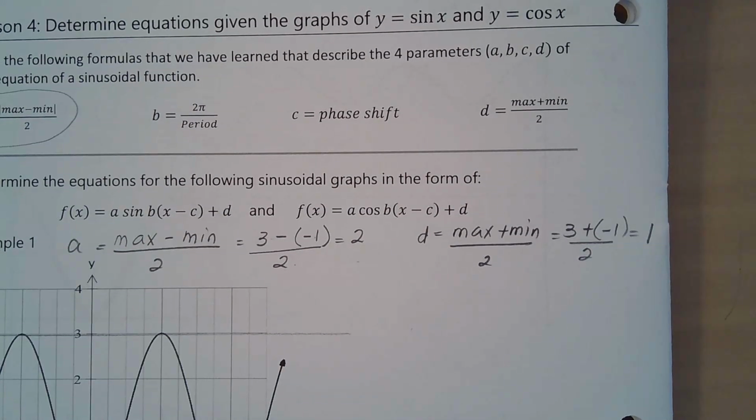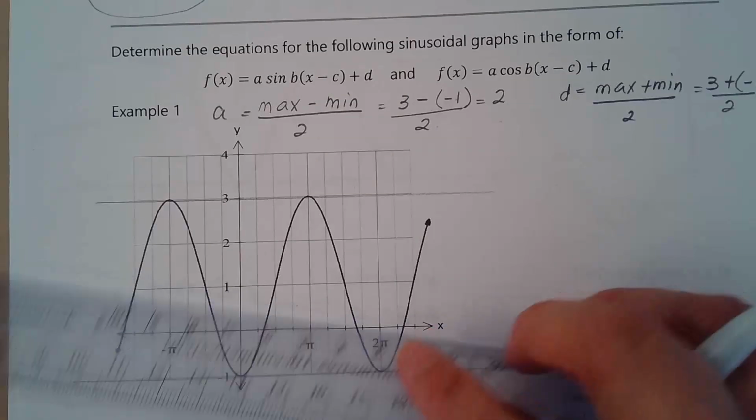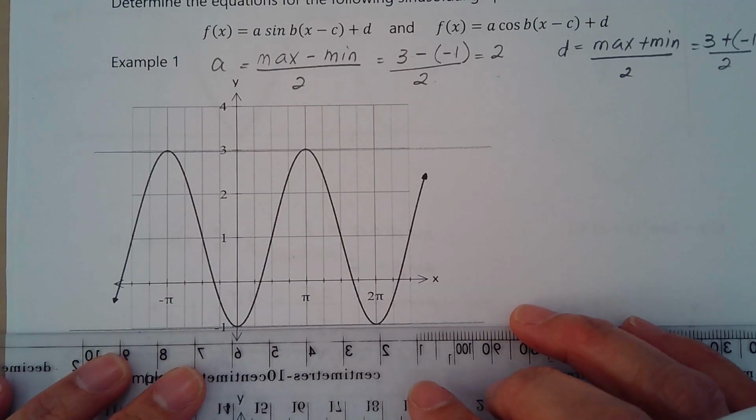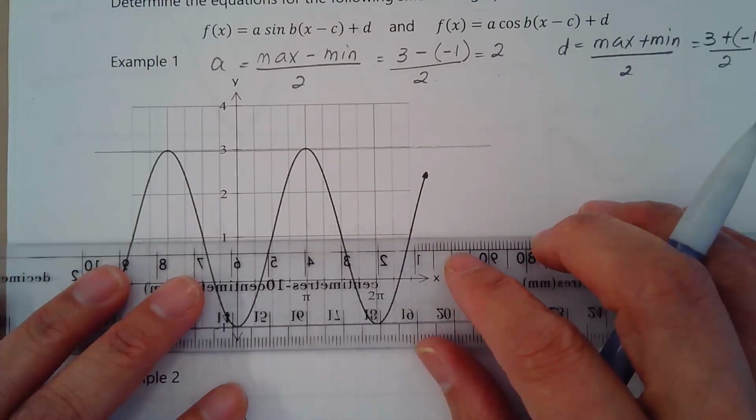And let's see if that even makes sense according to the picture. Remember I said that your picture has to match the equation. Maximum is 3, minimum is -1, median is 1.